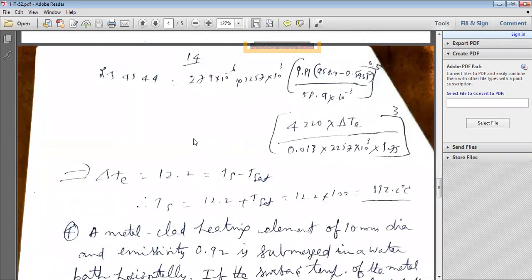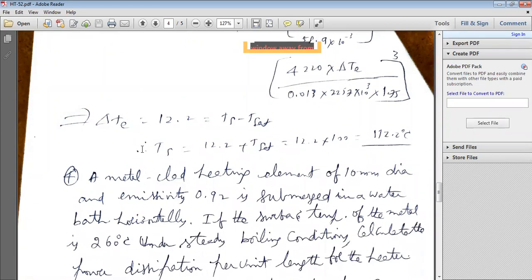From this, you are getting the only unknown parameter, delta Te, the excess temperature, 12.2. That is equal to Ts minus T saturation. How do you calculate the surface temperature of the pan? From the excess temperature, Ts minus T saturation, surface temperature minus saturation temperature.